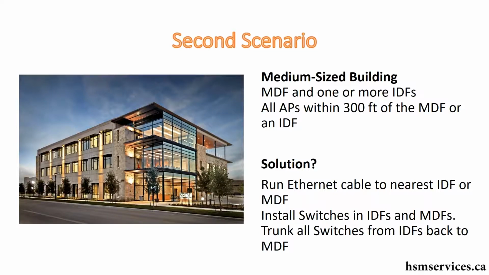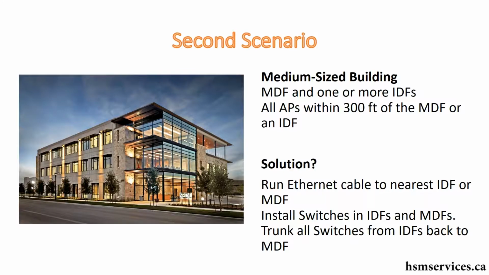Now, what if it's a big building? Medium-sized building, we've got an MDF, we've got some IDFs, and probably one or more. This building might have 3 or 5 IDFs, 2 or 5, depending on how they've designed it. Not too big of a deal.